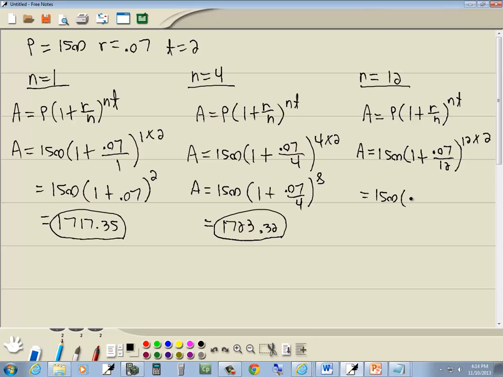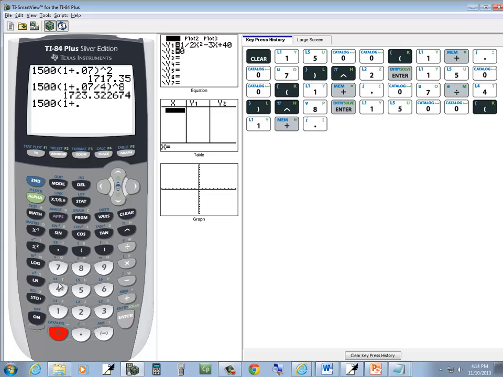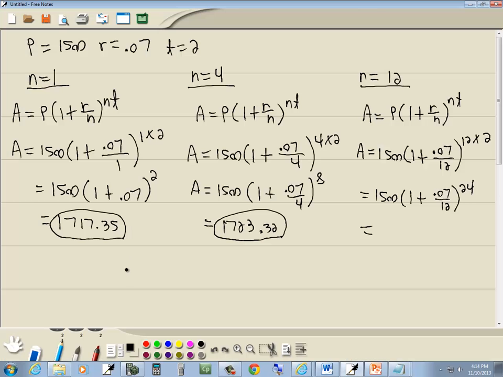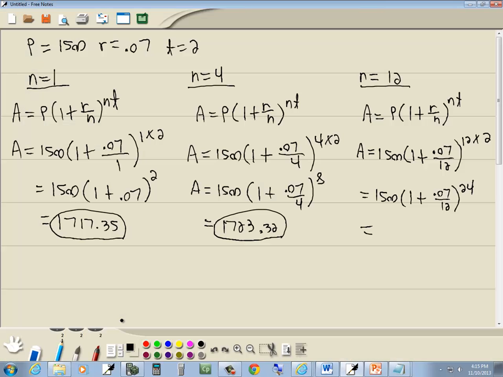So that gives us 1500 times 1 plus 0.07 over 12 raised to the 12 times 2 power, which is 24. So I got 1500, beginning parentheses, 1 plus 0.07 divided by 12, close parentheses, caret 24. Enter. That gives us $1,724.71.